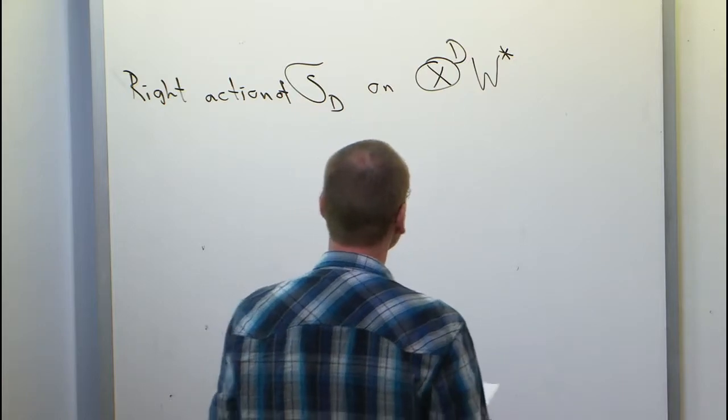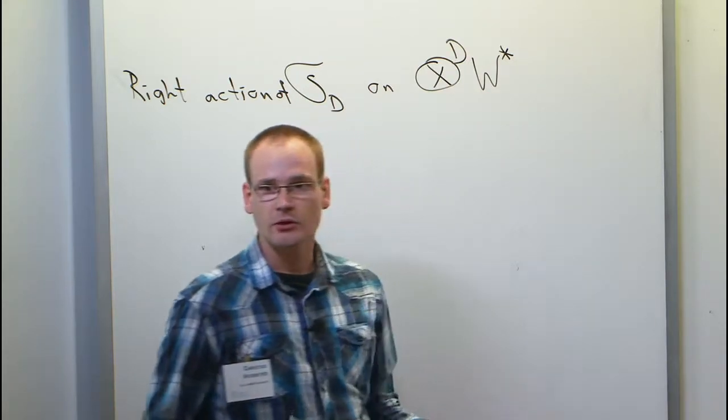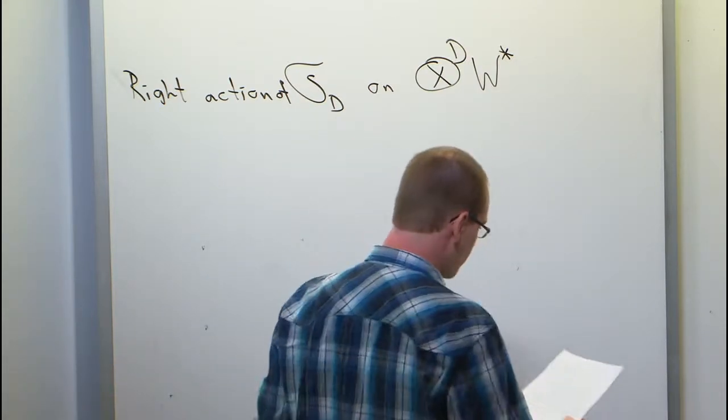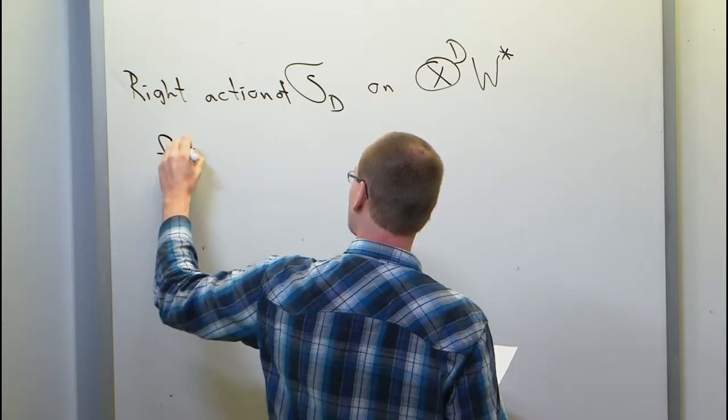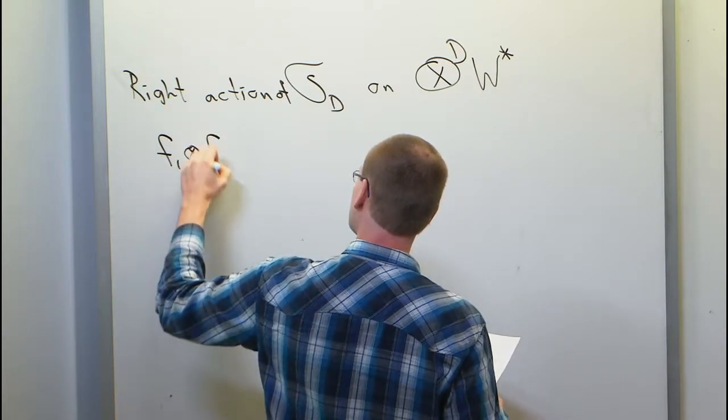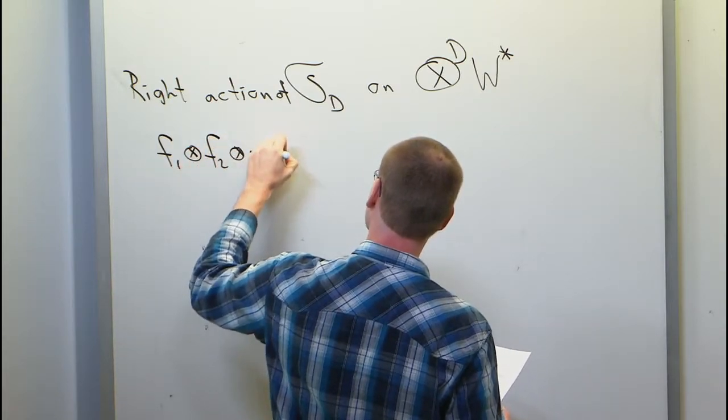It has a star because I want to think of these vector spaces as having row vectors. I want to have a right action because it's just nicer to have a right action.